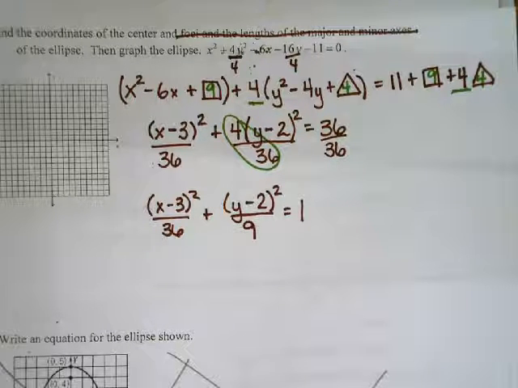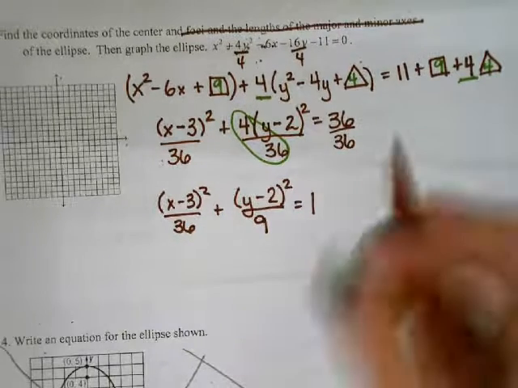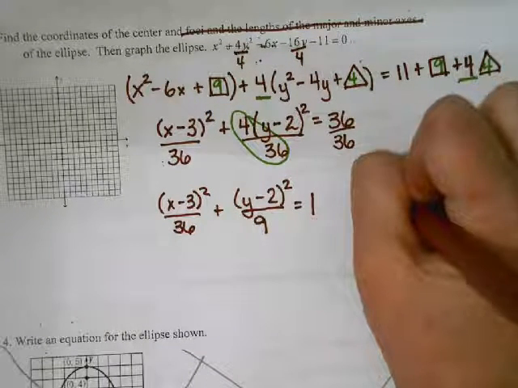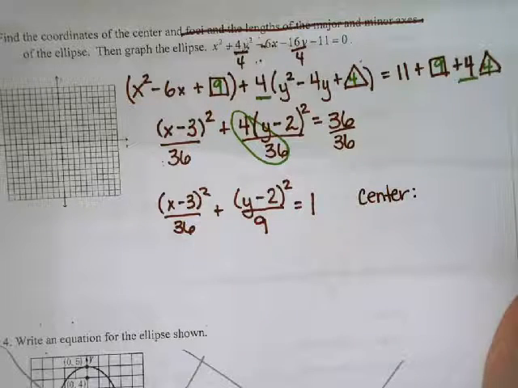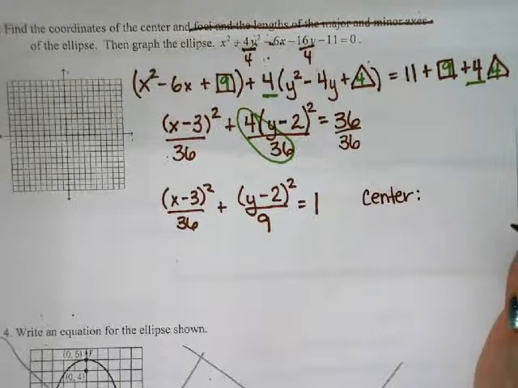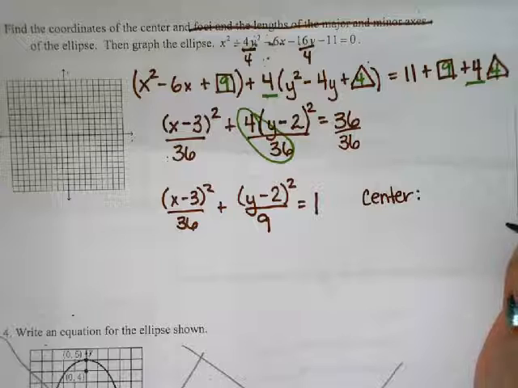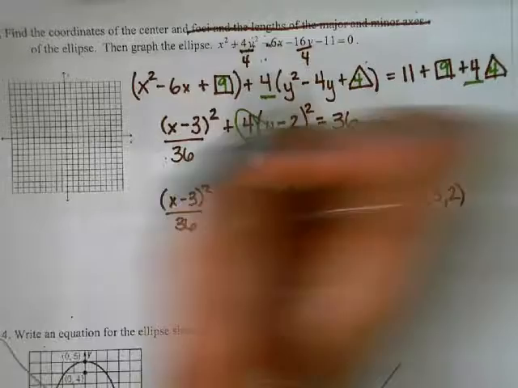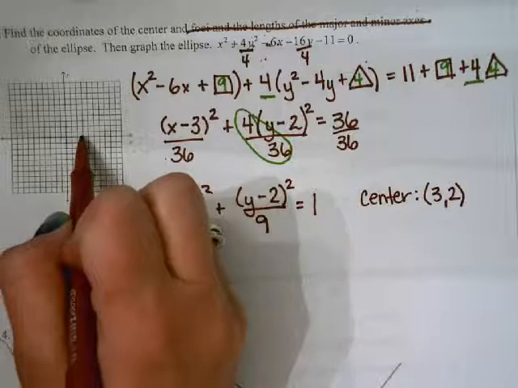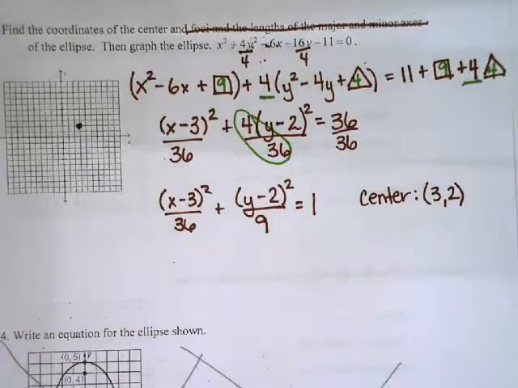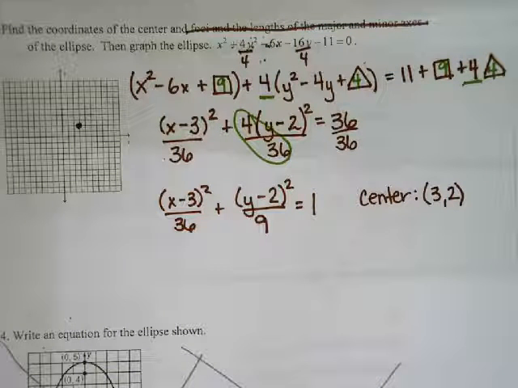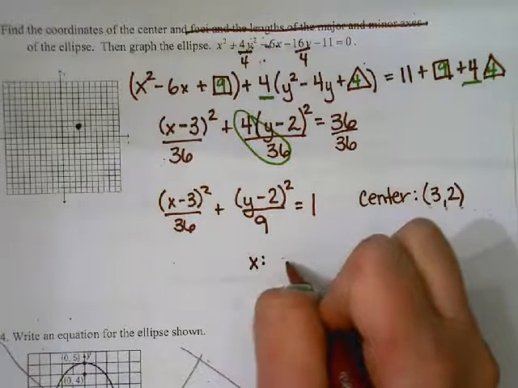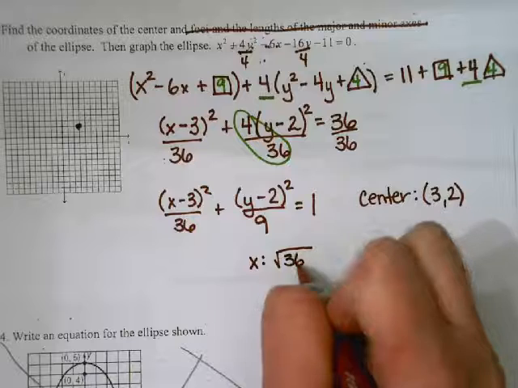Okay, so let's try to graph this guy. So where is my center? Perfect. Thank you, Wyatt. 1, 2, 3, 1, 2. Okay, so now in the x direction, take the square root of the denominator that's under the x.